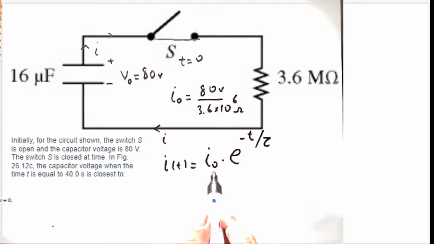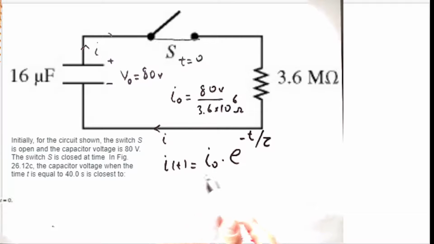If you don't know what this is, or why I wrote this equation, just refer to my discharging capacitor video, where I explain how we found this expression for the time dependence of the current in a discharging circuit. I also explain this for a charging circuit in my videos. Just refer to that.